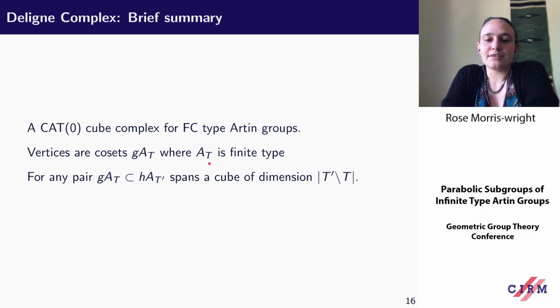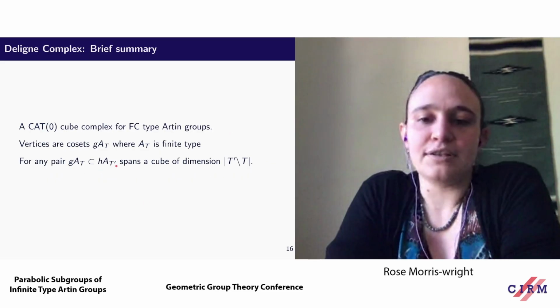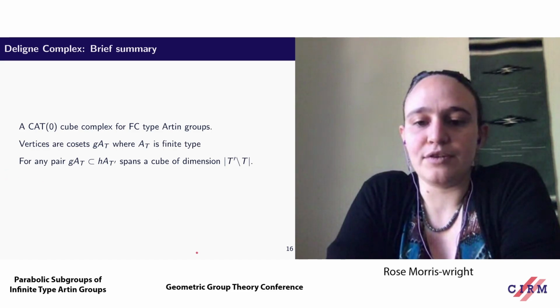They're parabolic subgroups that haven't been conjugated by anything, and we are insisting that they're finite type. And then I'm allowed to take any coset that I like. Then the adjacency relation for this cube complex is just determined by the inclusion of these cosets. These are sets in the group, and I can see whether they're included in each other or not.